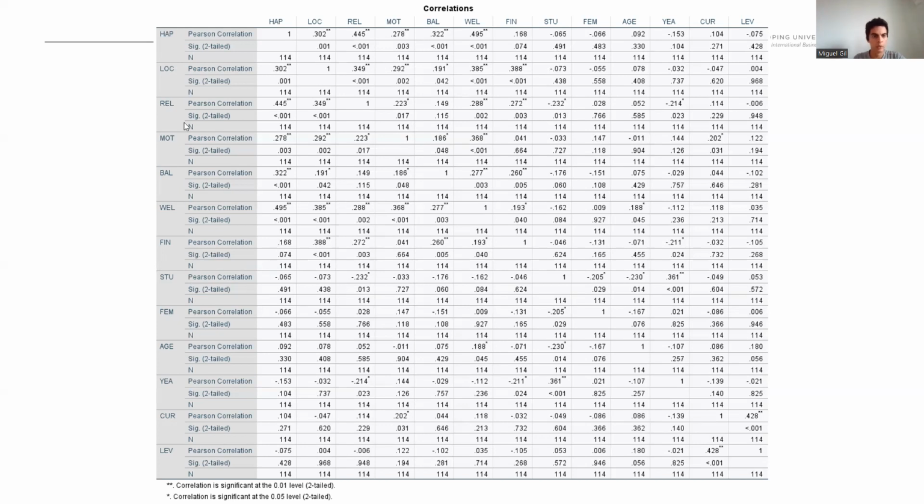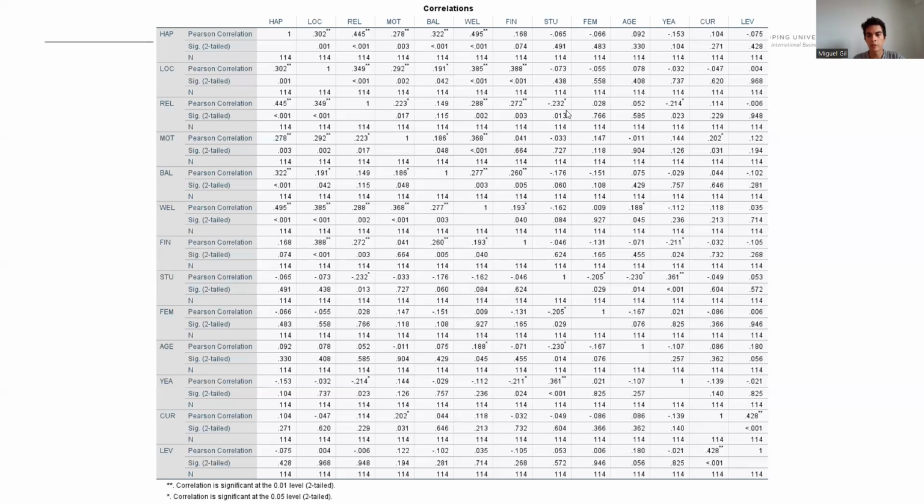For example, if we go to relationships, here we have relationships. So it seems that if you have good financial stability, it's also positively correlated with relationships. So there is a positive correlation between financial stability and relationships, as you can see in here.